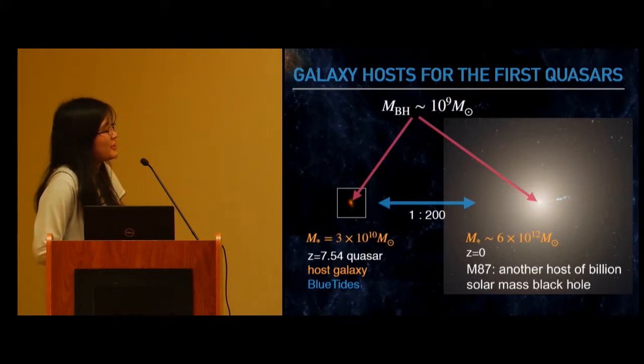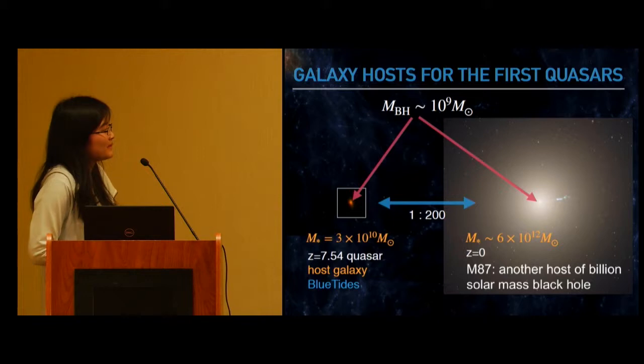By comparing their host galaxy sizes, we see that the host galaxy for the massive black hole in the high redshift universe is hundreds of times smaller than the host galaxy for the black holes in the local universe.